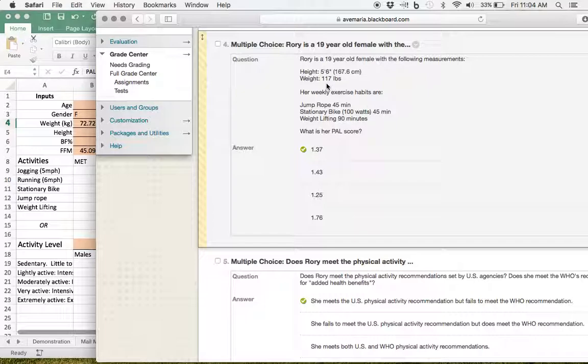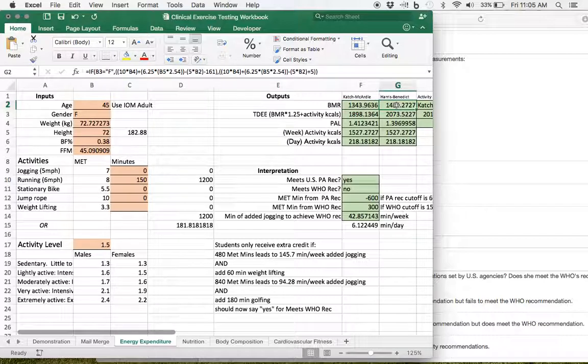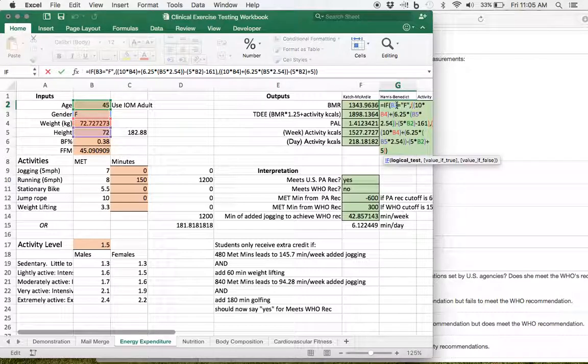here, we know her weight, we know her height, we know some activity levels, we know her age. We don't really know her body fat percentage, so instead of doing the Katch-McArdle formula like we did previously, we're instead going to use the Harris-Benedict formula, which takes into account these variables: age, gender, weight, and height. That's what we're given.